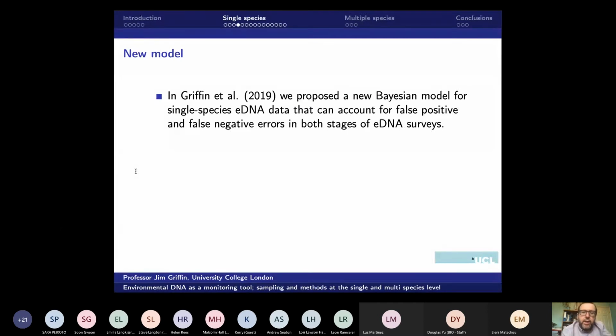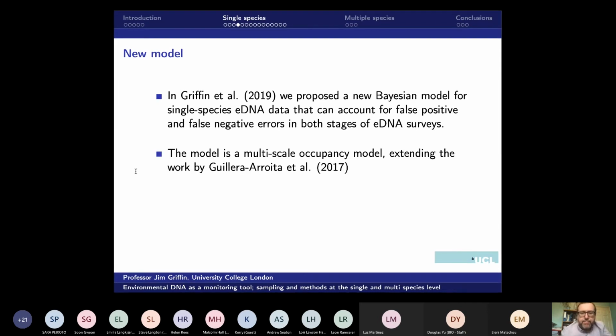Okay, so our contribution into this area was to build a Bayesian model for single species eDNA data that can account for both false positive and false negative errors in both the data collection stage and the experimental stage.